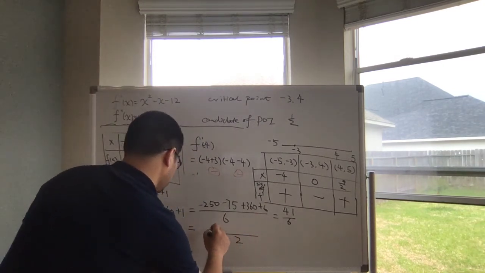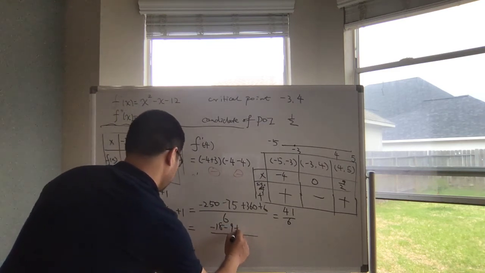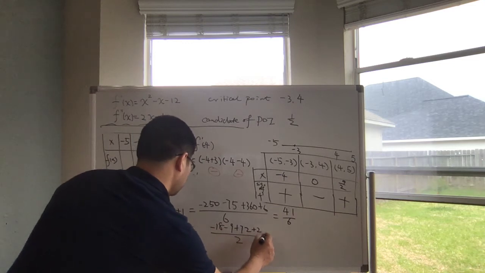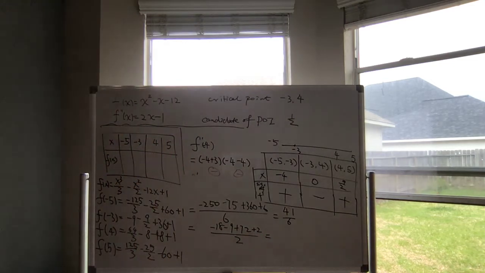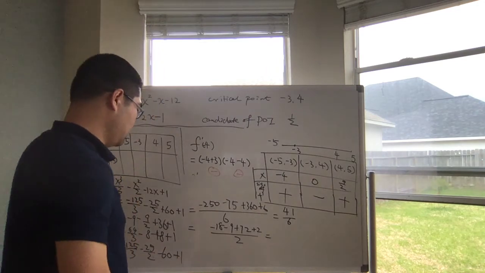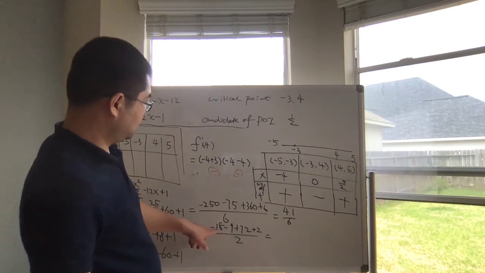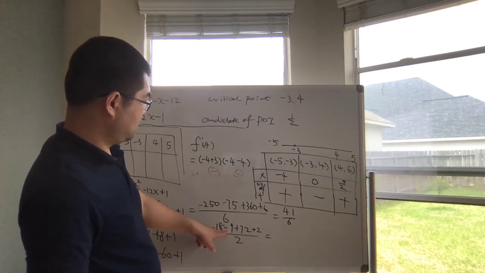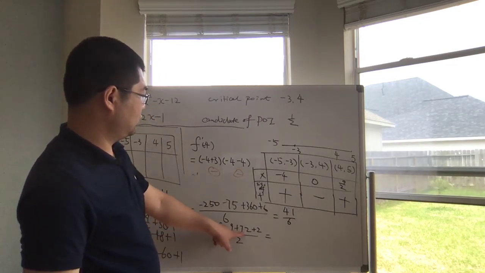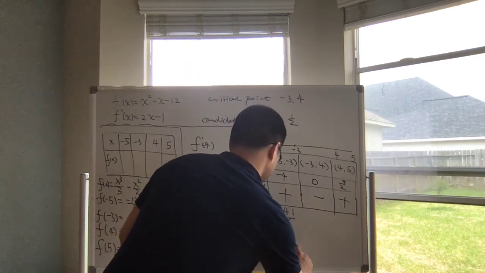This one we can do over 2: -18 plus 9 plus 72 plus 2. So this is -27 plus 72, you're going to have 45, and then this is 47 over 2.